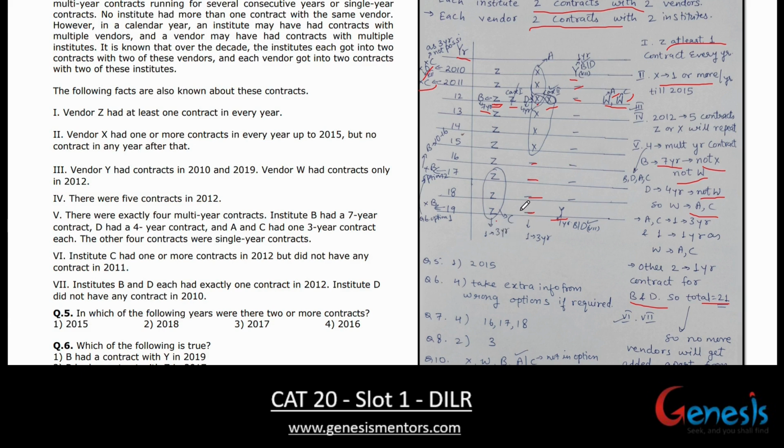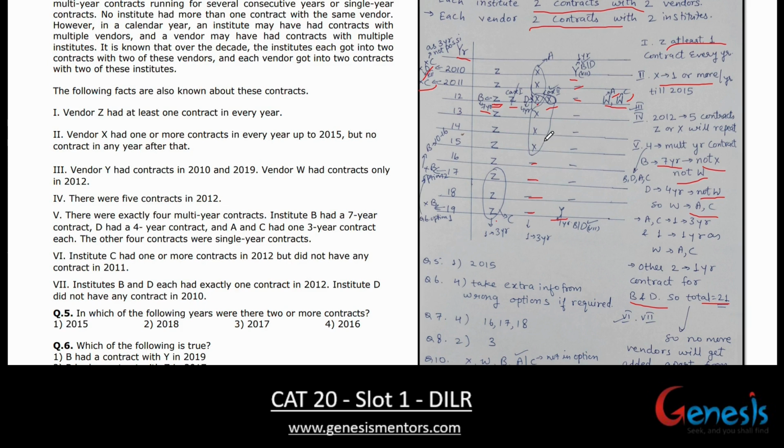As of now we don't know with whom. Right now, talking about X, these are 6 continuous years, and in this, 4 years we want for D and 3 years for A or C, right?